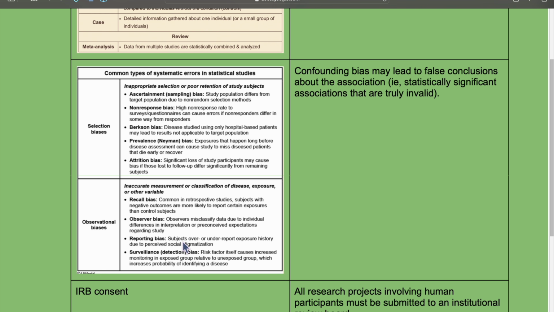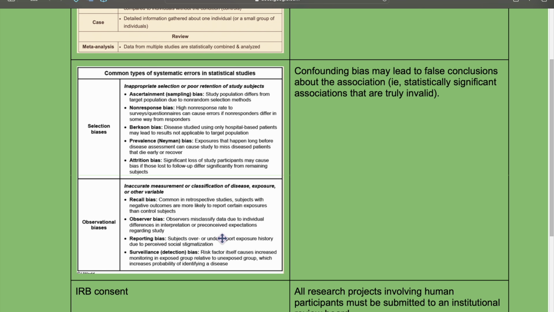Reporting bias: subjects over- and under-report exposure history due to perceived social stigmatization. Surveillance detection bias: the risk factor itself causes increased monitoring in the exposed group relative to the unexposed group, which increases the probability of identifying a disease.